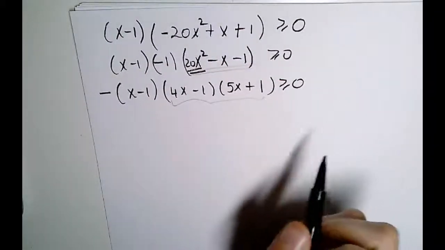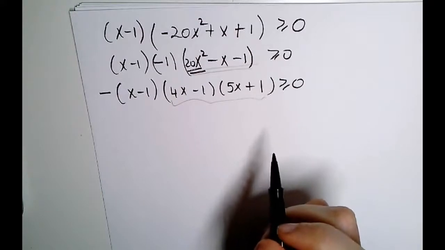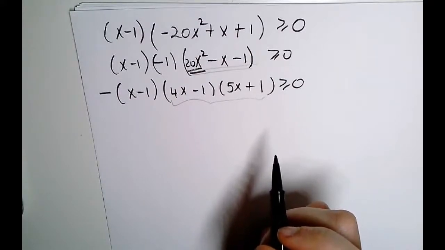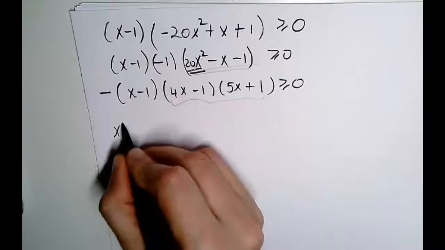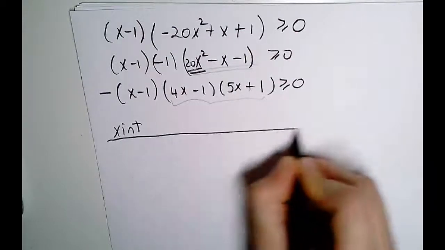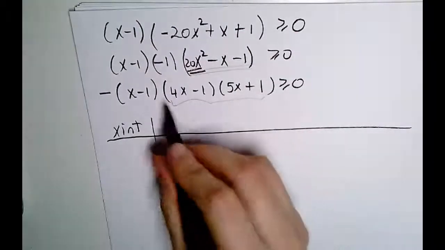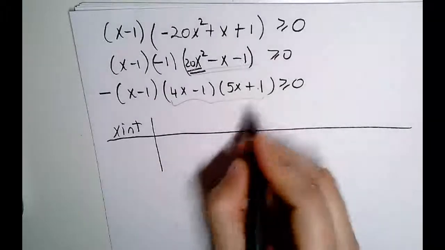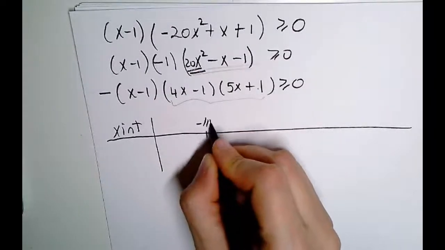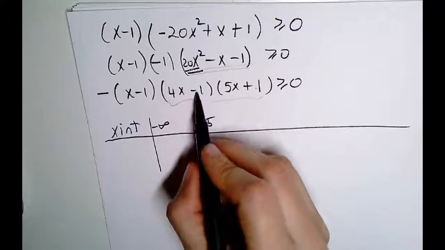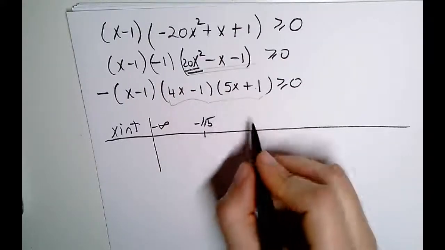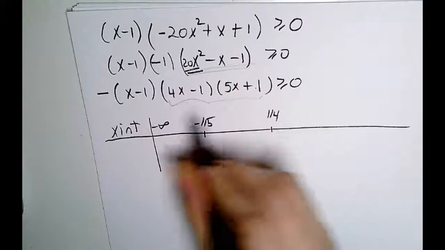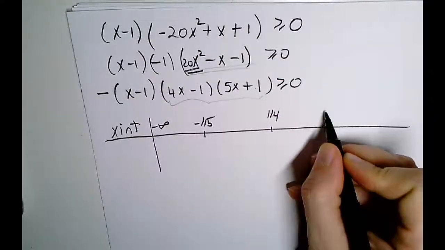Now I can set up my table and get the answer. The x-intercepts are negative 1/5 from this one, 1/4 from this one, and 1 from this one.